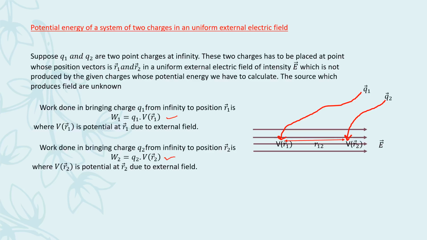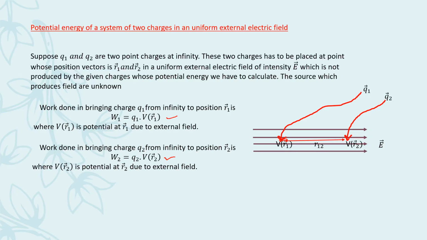Now when Q1 is placed at this point, there exists an electric field due to charge Q1. So when Q2 is brought in the electric field of charge Q1, then again we have to do some work against the electric field produced by charge Q1. Now there are two fields.